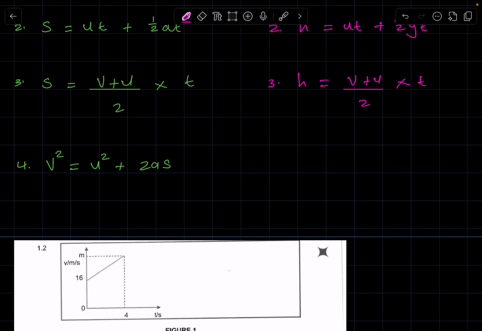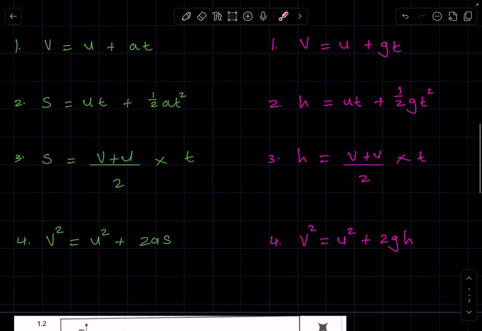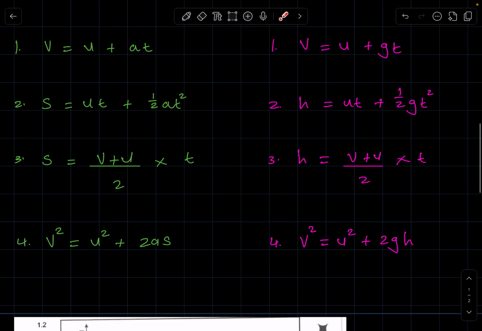And then the fourth one is v squared is equal to u squared plus 2, instead of a, you again have g times h. Right? The structure of the equation of motion remains the same, right?